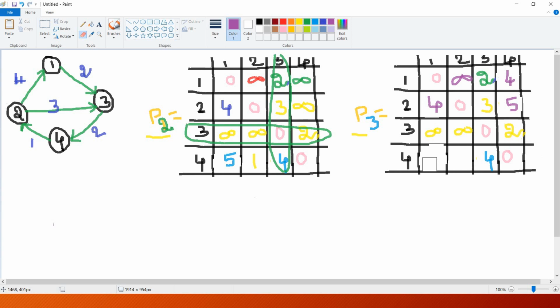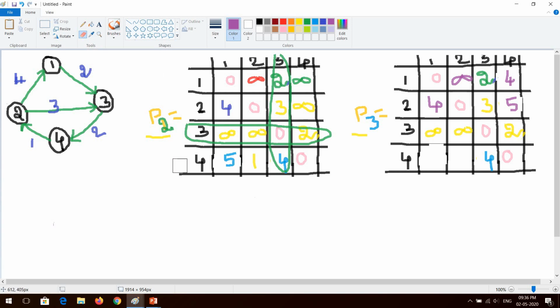Okay. So next one we need to fill up is 4 to 1. So 4 to 1 is already 5. So actually we got it from an infinity value. So probably there will be no change. But let us see what is happening. Let us check. 4 to 1 we have value 5. So by means of intermediate vertex 3, let us see 4 to 3, 3 to 1. What is happening?